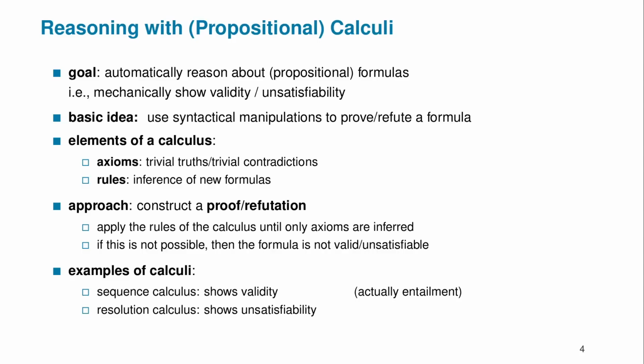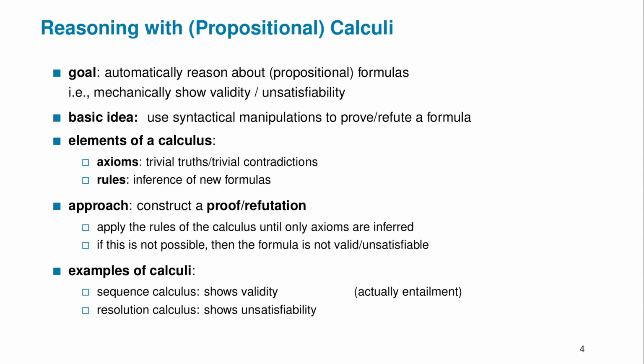And then we have a set of rules that allow us to derive new formulas in order to derive, for example, a contradiction or an axiom that trivially holds. And the approach is to apply the rules of a calculus until only axioms are inferred or until a contradiction is inferred.